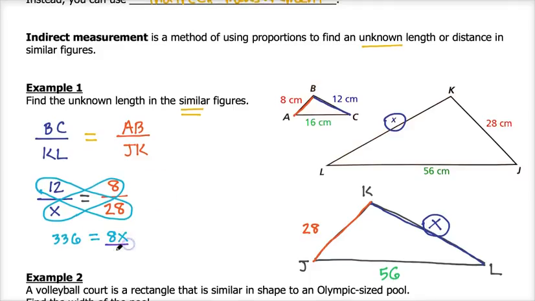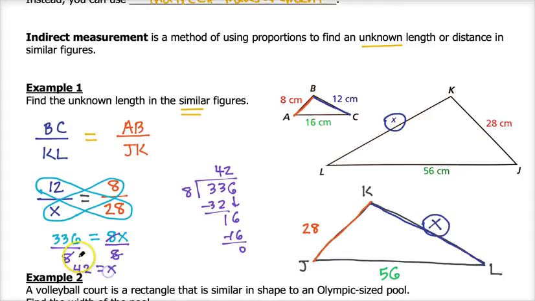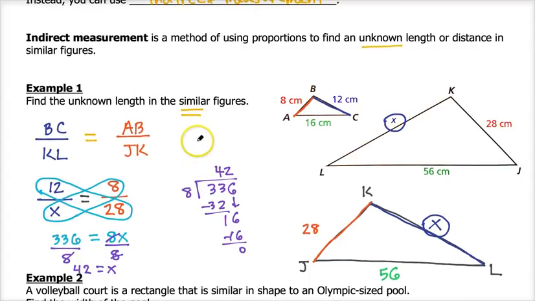And now when I divide both sides by 8, 336 divided by 8 gives me 42. Okay, so we can say that the missing side, KL, is 42 centimeters.